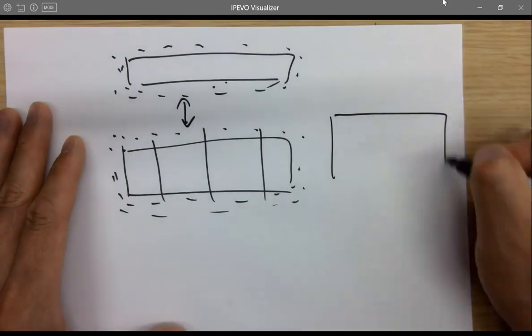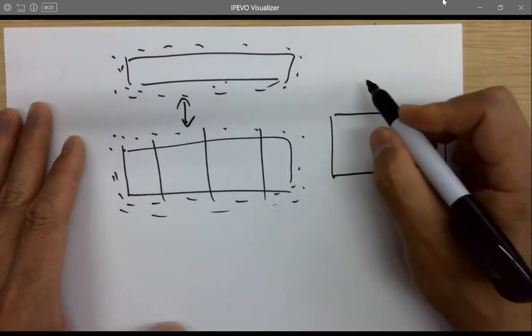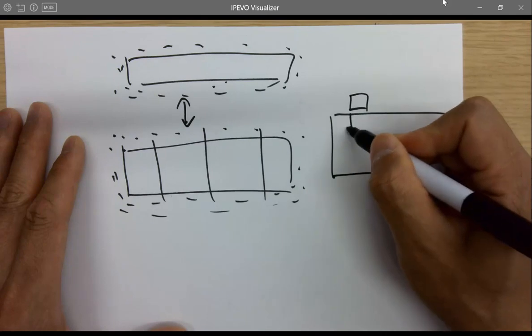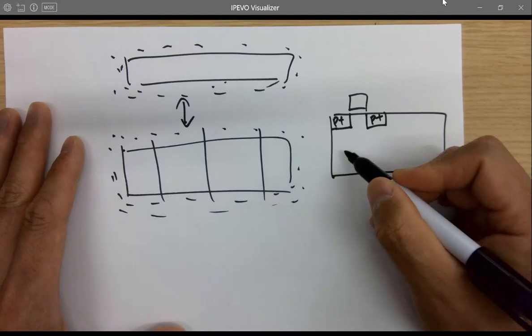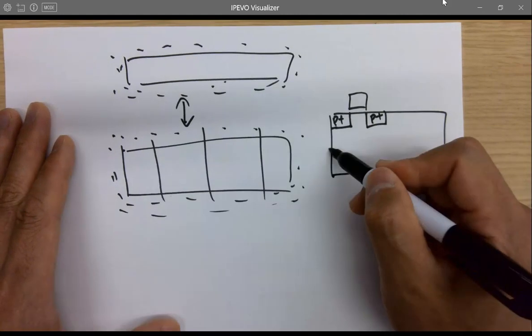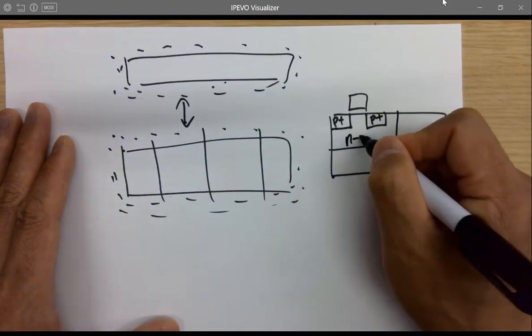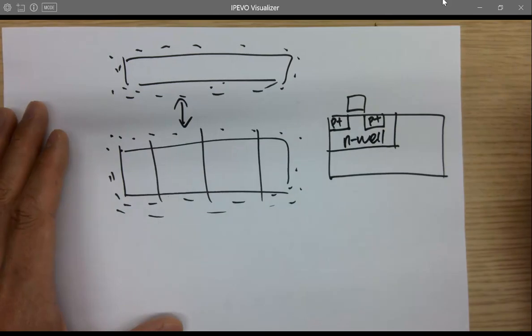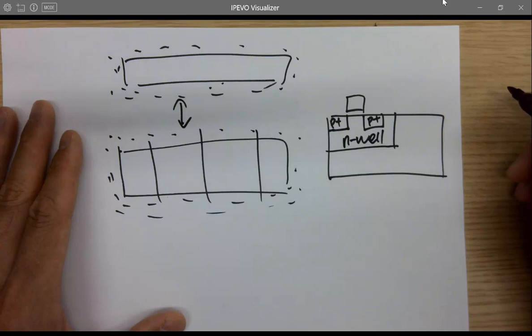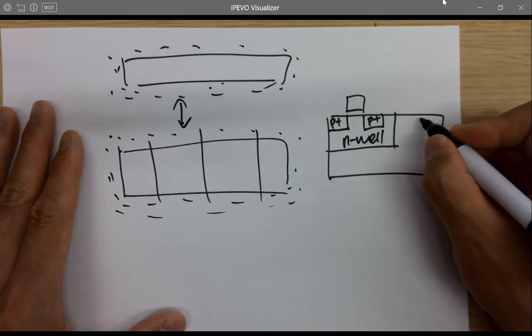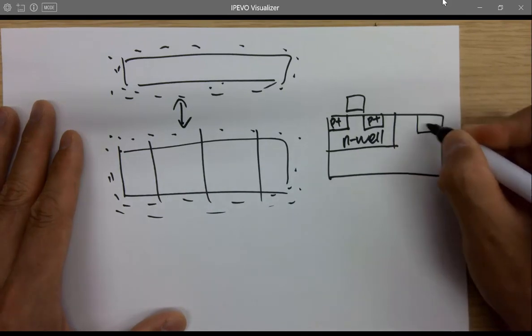So if you look at it from the cross-sectional view, what's going to happen? What's happening here is I got P plus. For sure, these are in the N-well because that's by design. Yeah, their N-wells are separated.